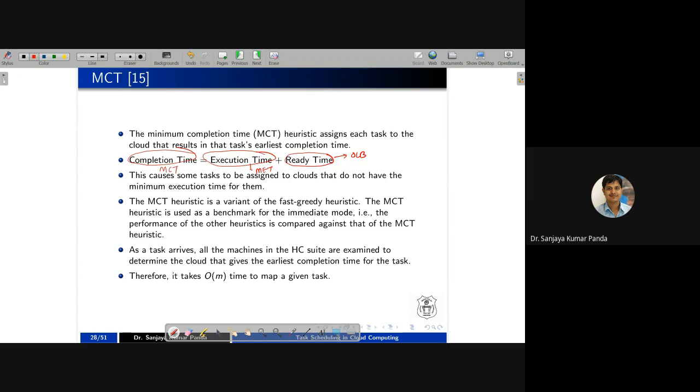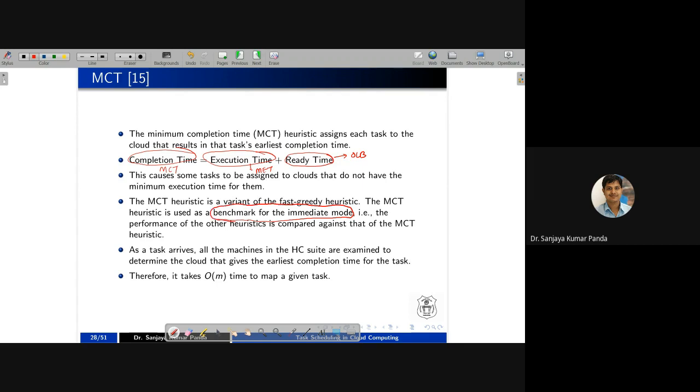If I show you the same example which we discussed in the case of MET, then you can see in the MCT case how we have improved the performance. And you can see MCT heuristic is a variant of fast greedy heuristic. And MCT heuristic is used as a benchmark of immediate mode. I already told you this is considered as one of the benchmark.